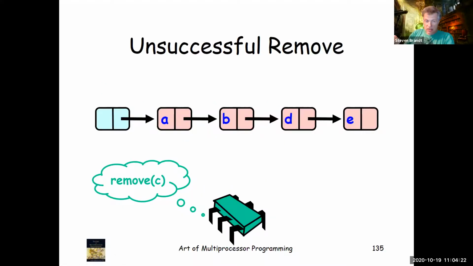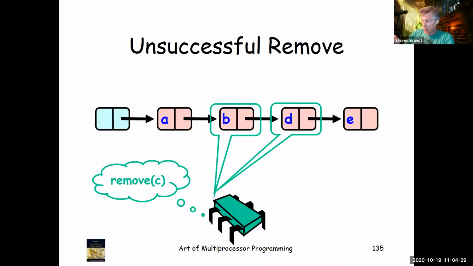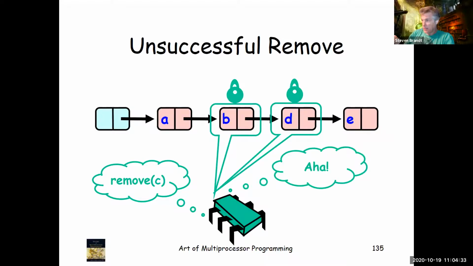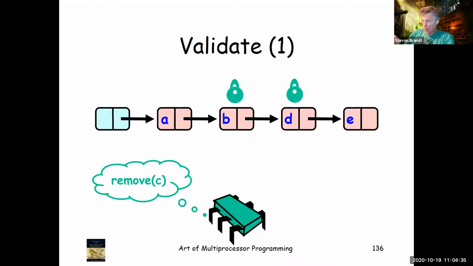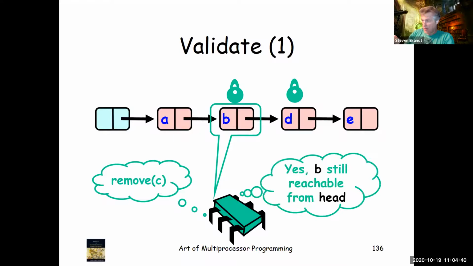So here is an unsuccessful removal. We've got B and D. Aha. We lock them. We validate, yes, B is still reachable from the head.